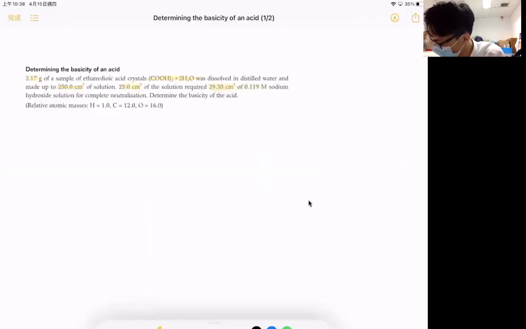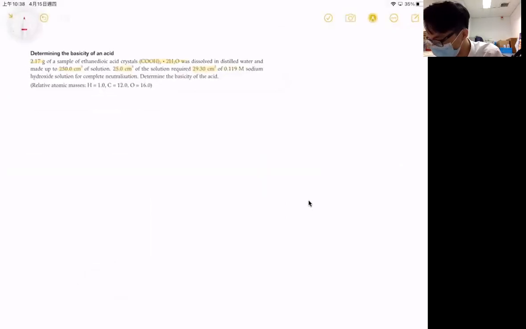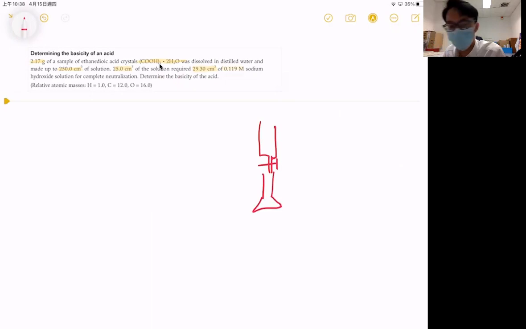So what you need to do first of all, in this question, since we don't know the basicity of the acid, we can't write down the chemical formula directly. But you need to have this kind of picture in your brain because we do the titration.